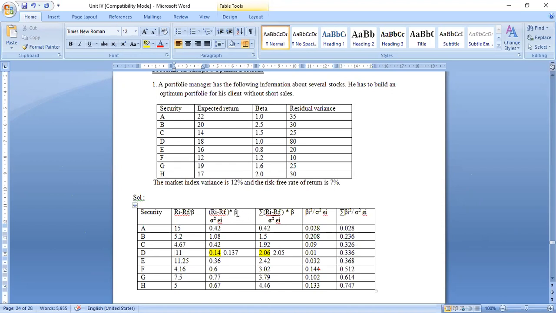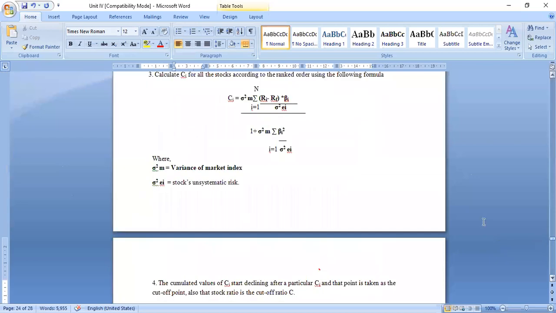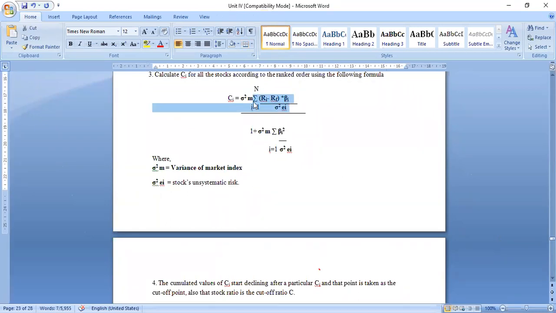Now, the rest of the columns are prepared based on the formula. When you see this particular formula, we need to do this calculation because the variance of market index is already given in the problem. So we are just going to insert that value. We have nothing more to calculate. But here you have the calculation, that is summation of Ri minus Rf divided by residual variance into beta i.